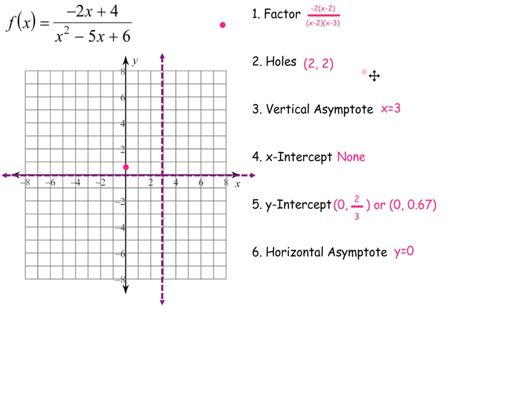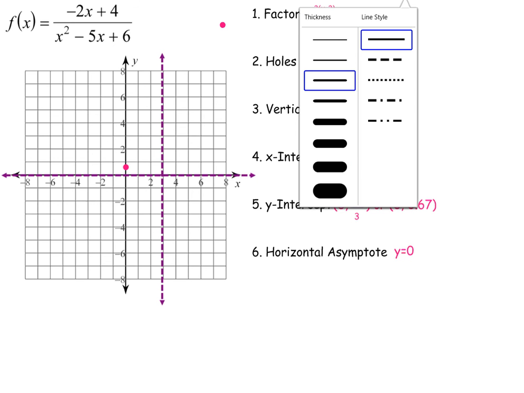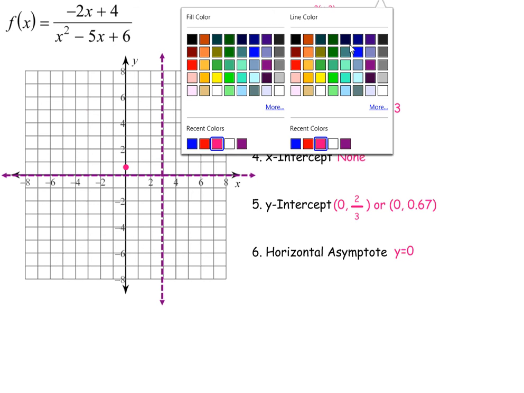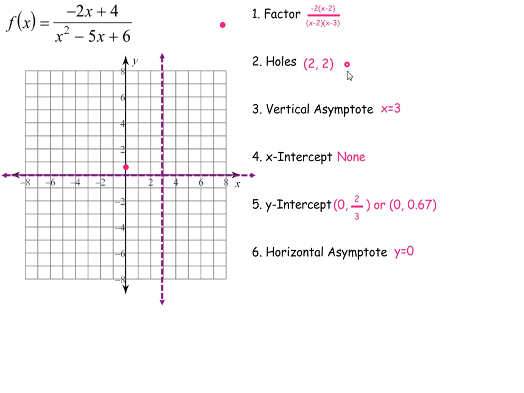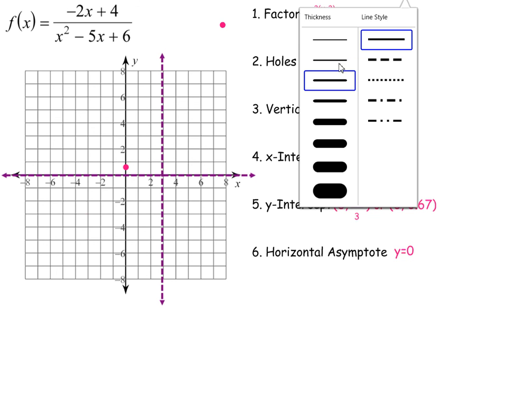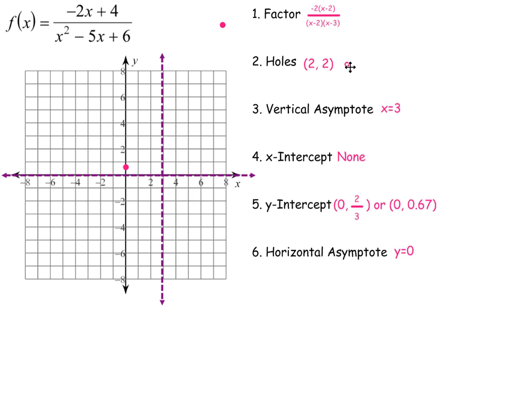A hole has to be represented by having line color and fill. Look, it's a hole. It has nothing on the inside. I'm going to make my line not quite so big so that we can see that it's actually a hole. My hole is at 2, 2, which is right here.